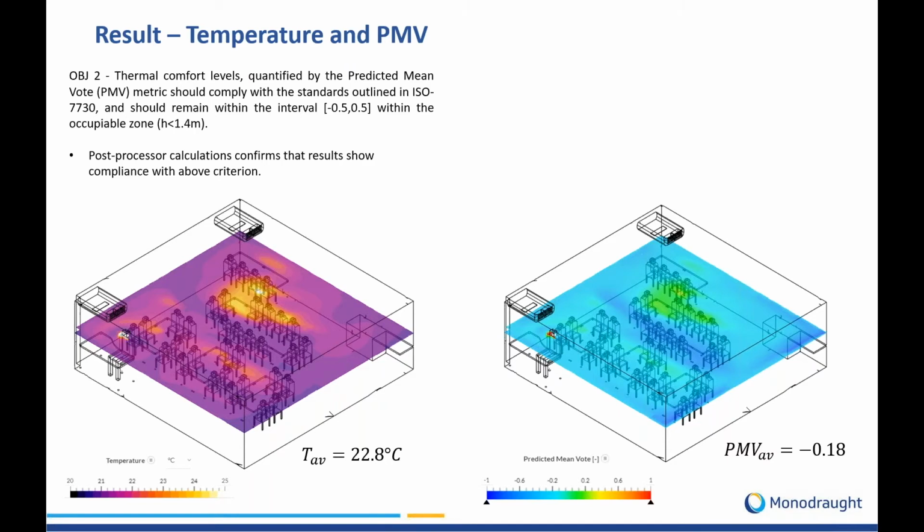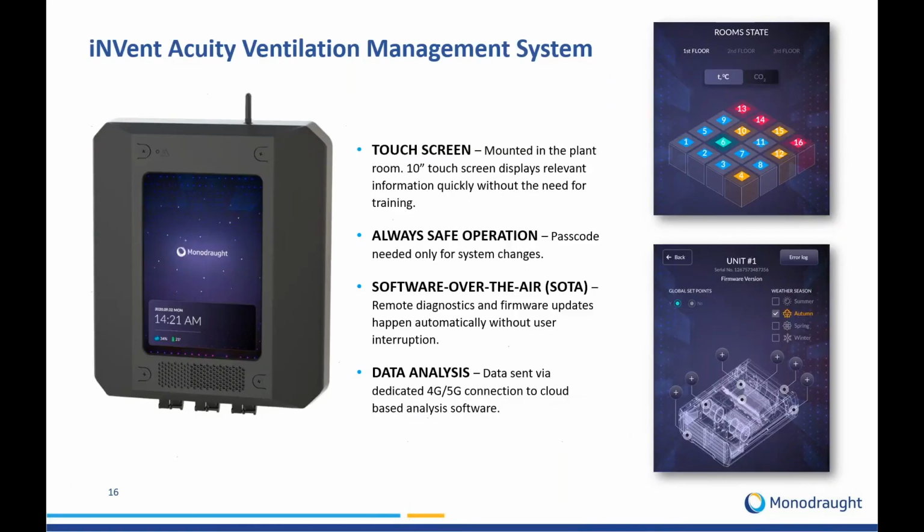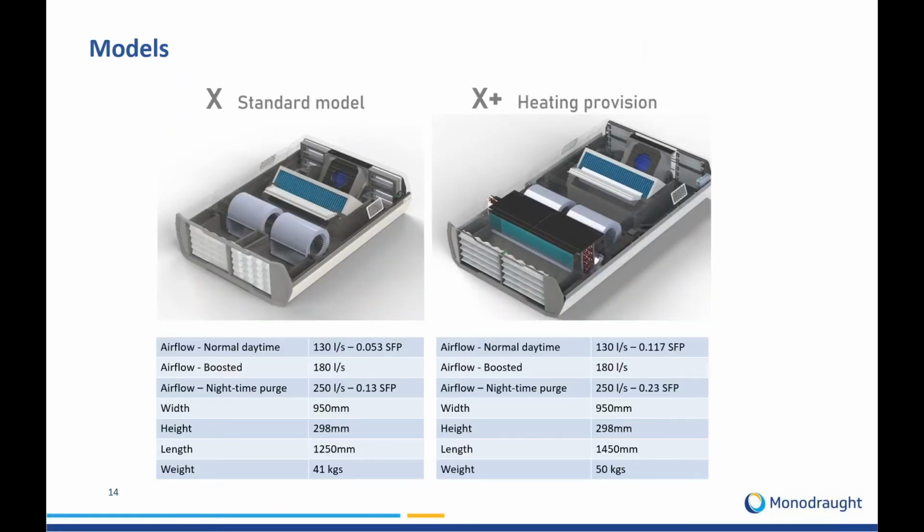Yes, sure. I guess a couple of questions from me quickly, just to put things in perspective. Nick, how big is the HVR? If you could give us an idea of scale quickly. That product that you showed, how long is it, roughly? So actually, we've got the dimensions linked back onto this slide. The dimensions of the two models: the standard model is 1250 mil long, 298 mil deep, and 950 mil wide.